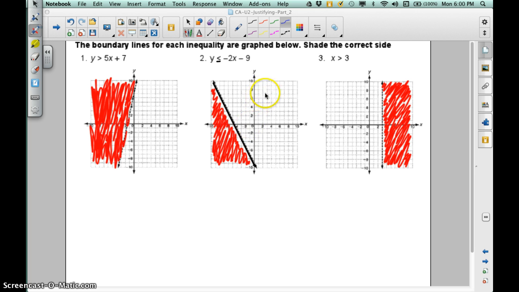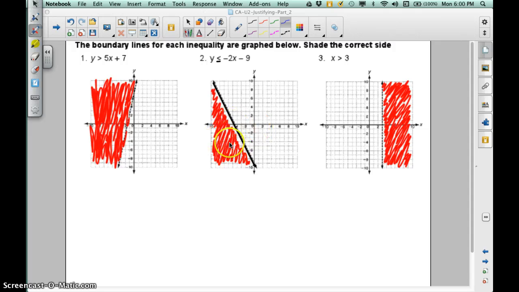For graph number 2, we have less than or equal to, so we have this solid line here, and less than is below the graph. In the same way that you can pick a point on the side you think it is, sometimes the point 0, 0 is so easy to plug in that you might check yourself by plugging that point in. And in this case, you want to make sure it doesn't work.